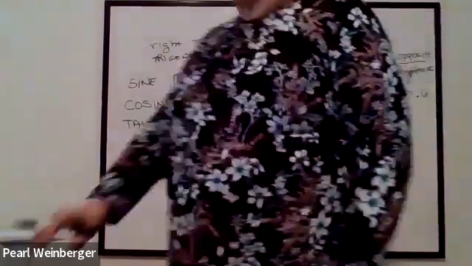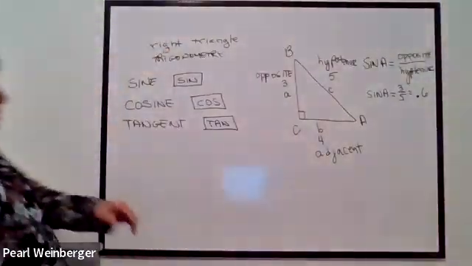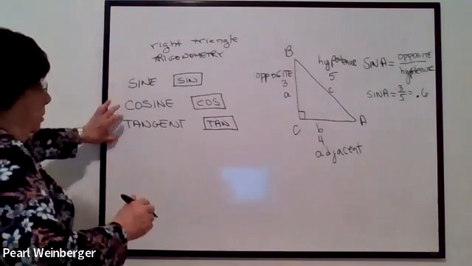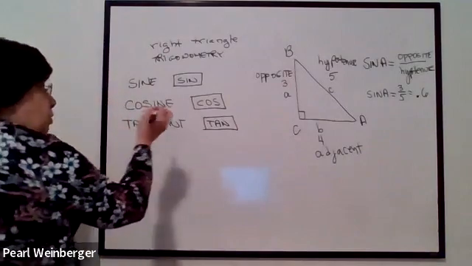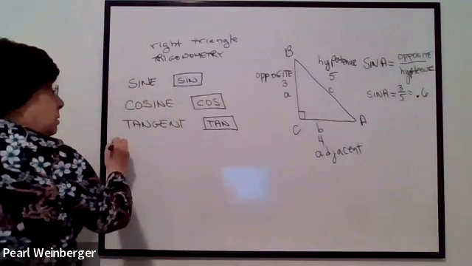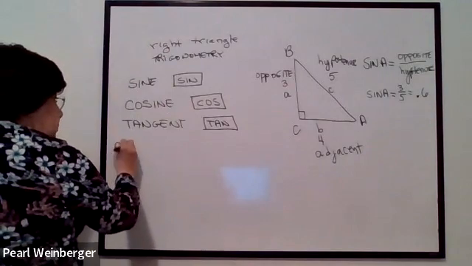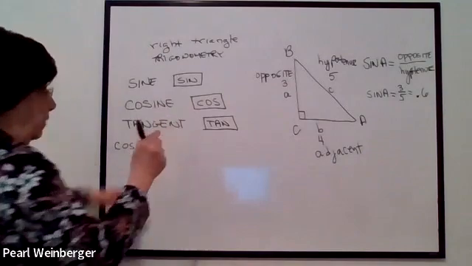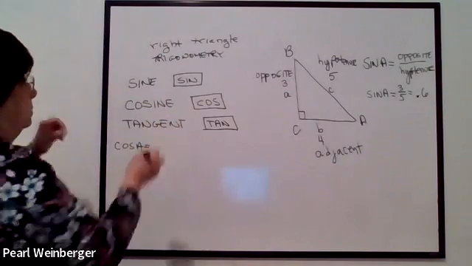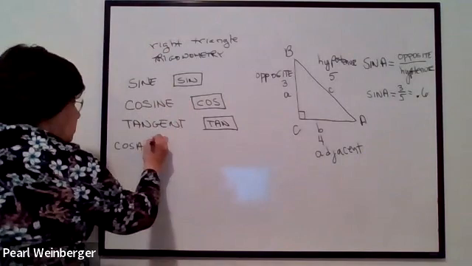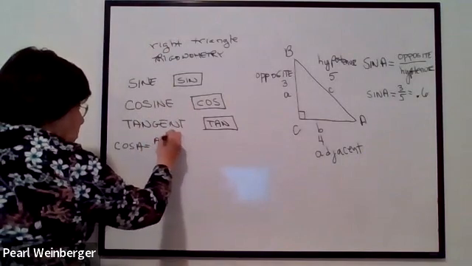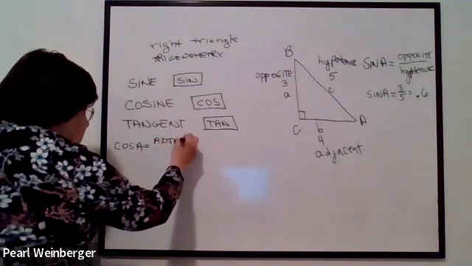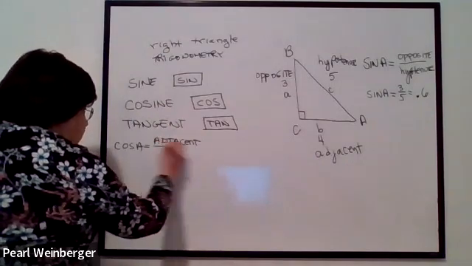Okay, what then is the cosine and what is the tangent? So the cosine, which we're going to write COS, again, we're going to talk in terms of A, is the adjacent side, the adjacent leg over the hypotenuse.